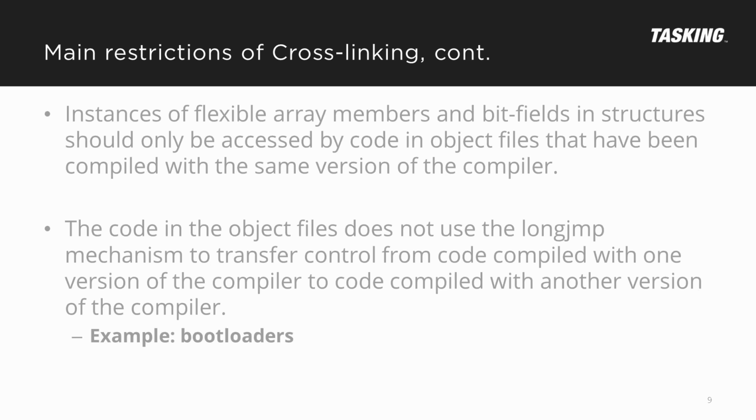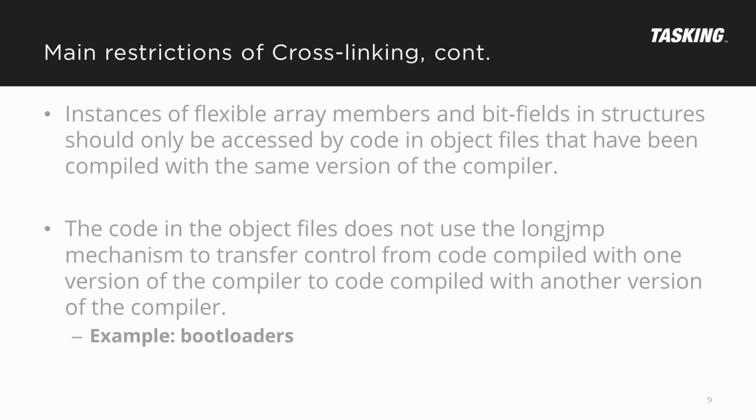But if you have your individual software or some library we don't know, you have to check if there are any flexible array members and bit fields and structures which exchange information with your regular application compiled with the 6.1 release. But most of the time this isn't the case. These are just internal structures.